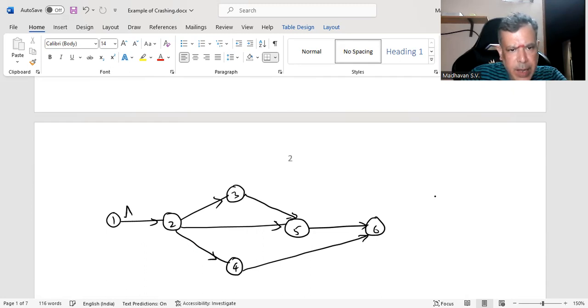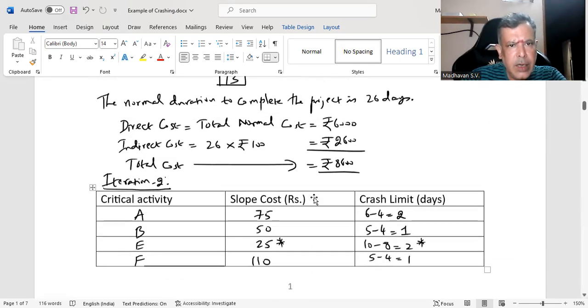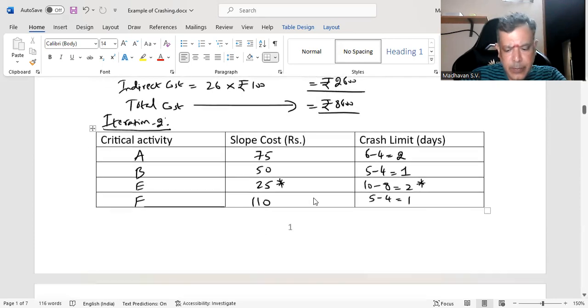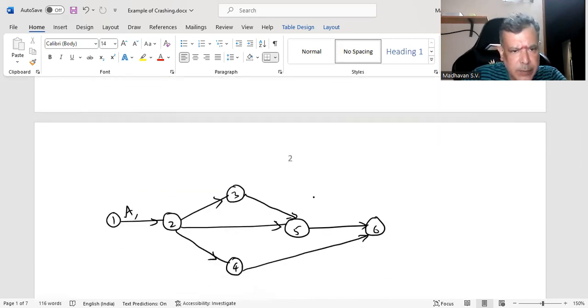This is activity A. There is no change in the duration of activity A, and it was 6. So I will write 6 only. Activity B, it is 5 days. Activity C, it is 6 days. Activity D, it is 7 days. Activity G, it is 4 days.